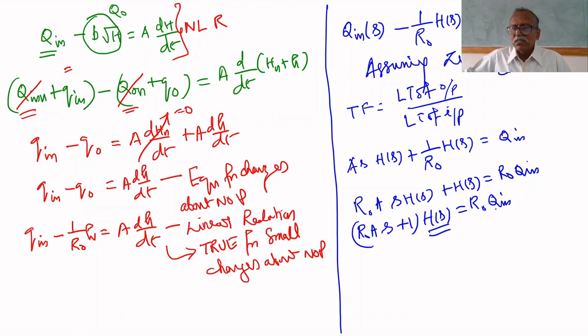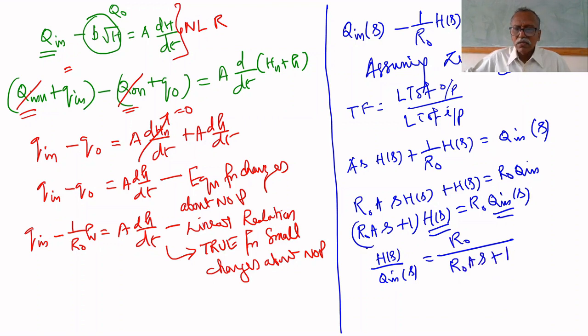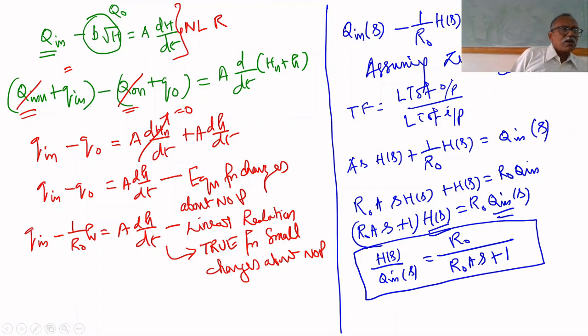This is output, this is input. Therefore, Laplace transform of output by Laplace transform of input, H of S by Q in of S, equal to R naught divided by R naught A S plus 1. This is the mathematical model in transfer function form.